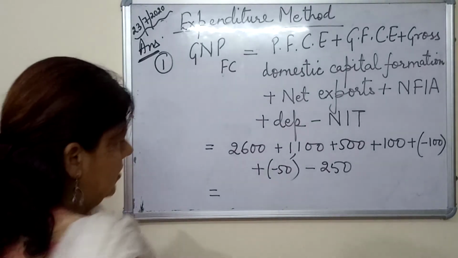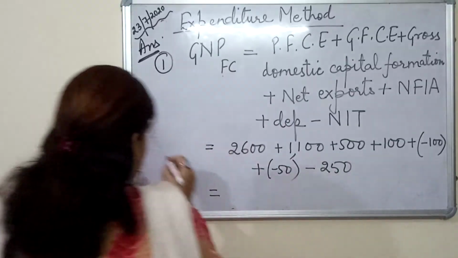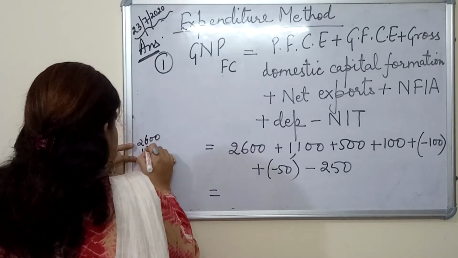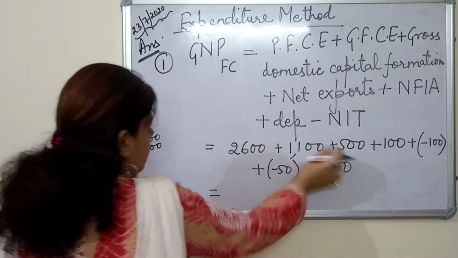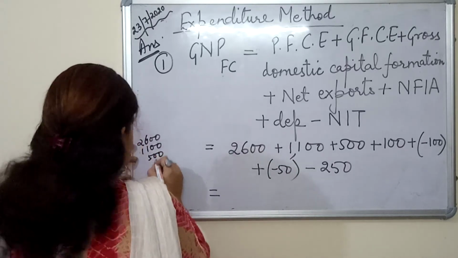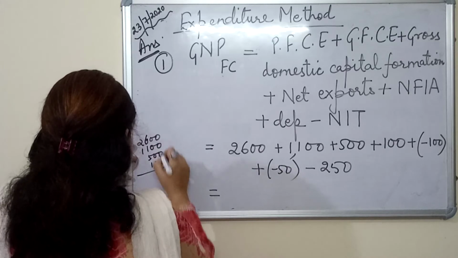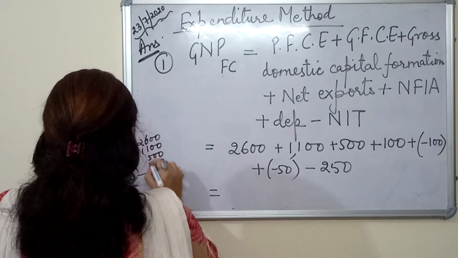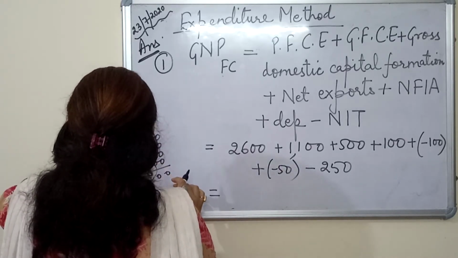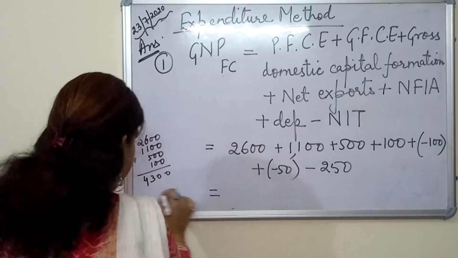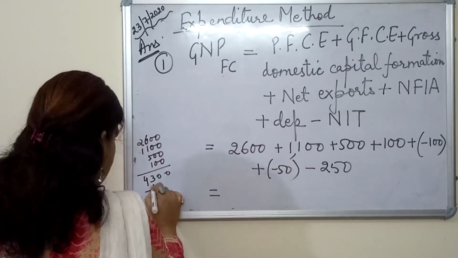Let me solve the calculation. 2600 plus 500 plus 100, so this is 4300 minus 400.